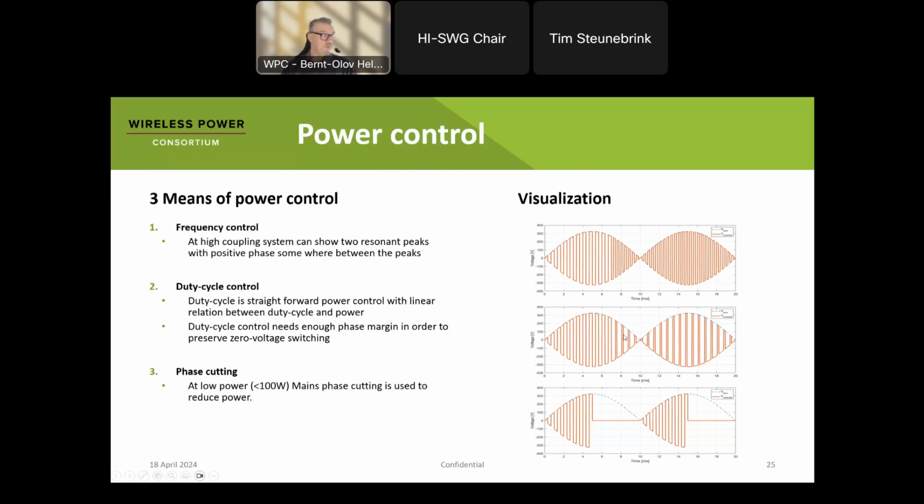And also duty cycle control, the same basic frequency, but it's changing the on-off duty cycle. And then we have the third state, which is phase cutting. This is similar to old house dimmers. So you're using just a fraction of the 50 hertz cycle at some level. The last one is used when you have very low power levels.